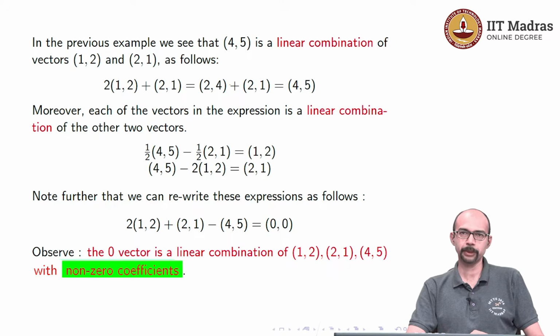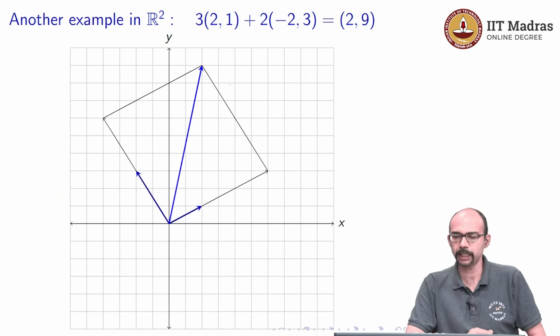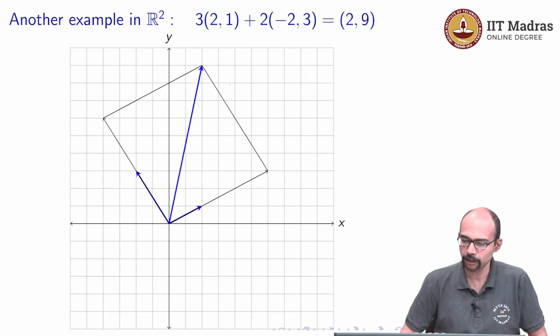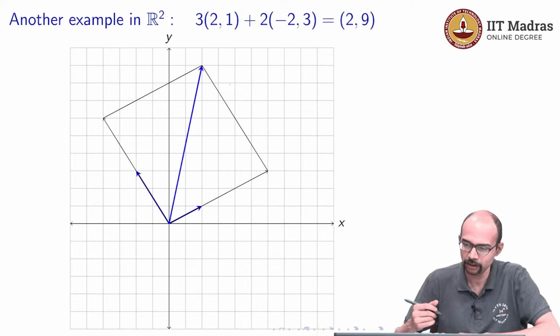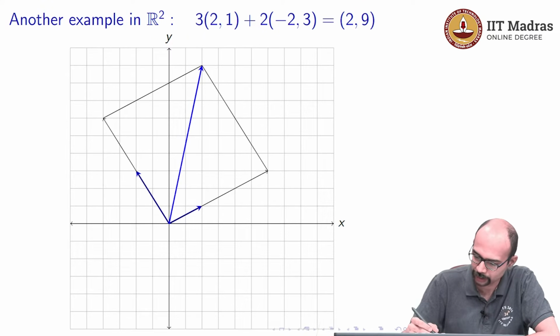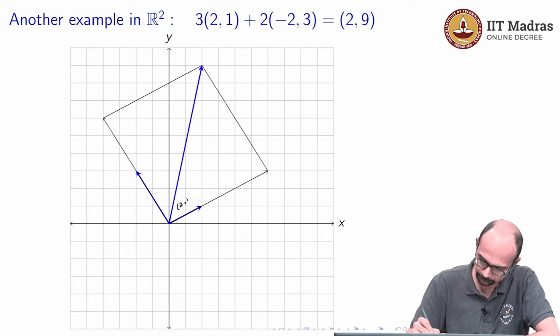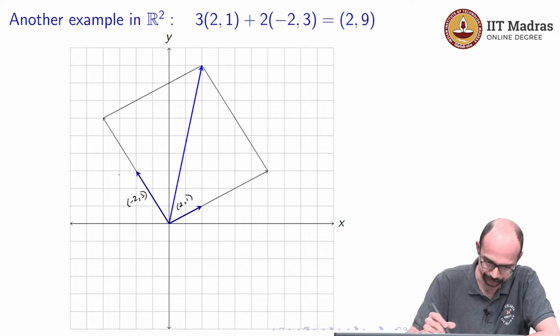I'll ask you to remember that picture in the previous slide along with this observation. Let's do one more. Here we have 3 times (2, 1) plus 2 times (-2, 3) is (2, 9). So what is (2, 1)? Here's (2, 1). And what is (-2, 3)? Here's (-2, 3).